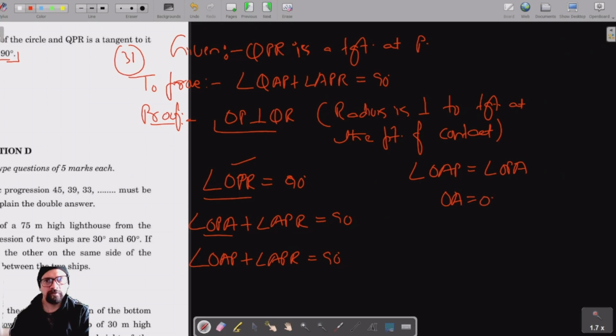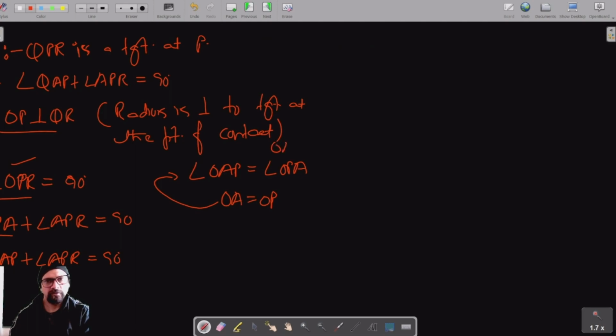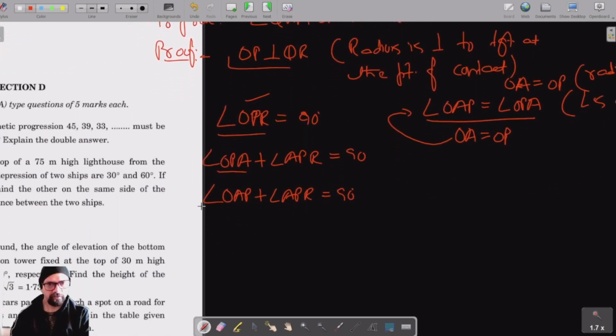The reason for OA equal to OP is that they are radii of the same circle, and the angles opposite to equal sides are equal. So that's why we have angle OAP.